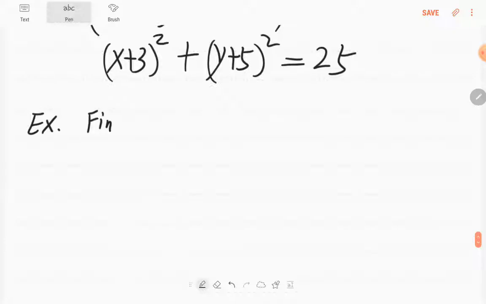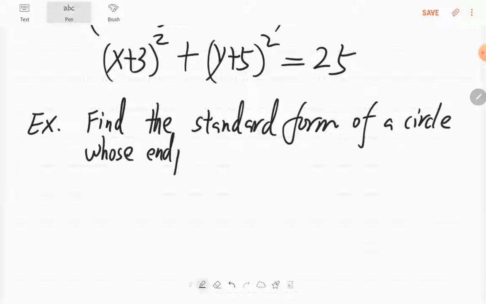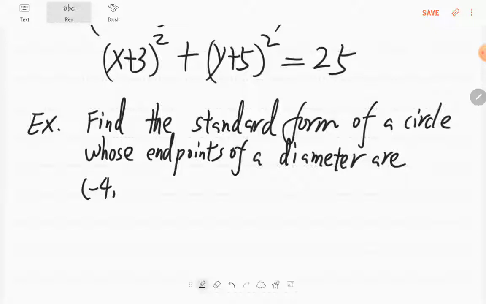So now let's look at another example. We want to find the standard form of the circle whose endpoints of a diameter are negative 4, 1, and 2, negative 7.